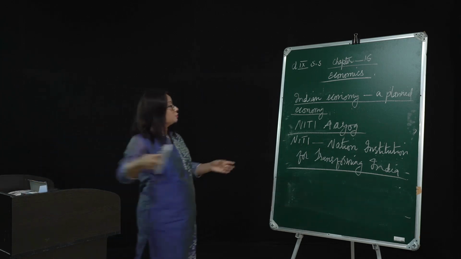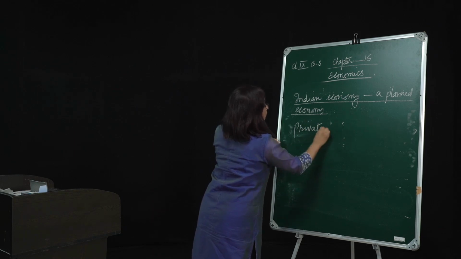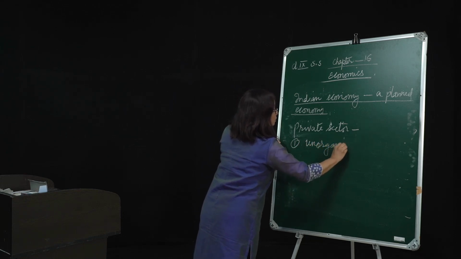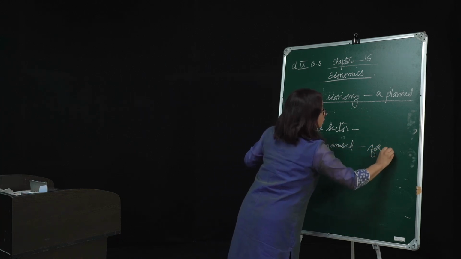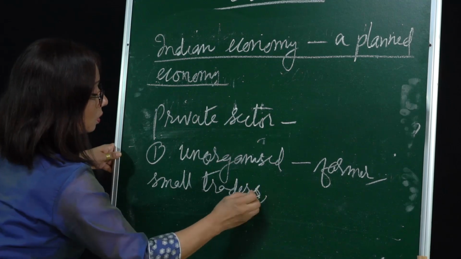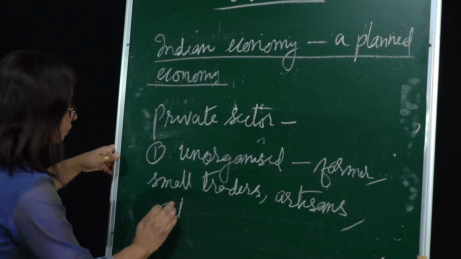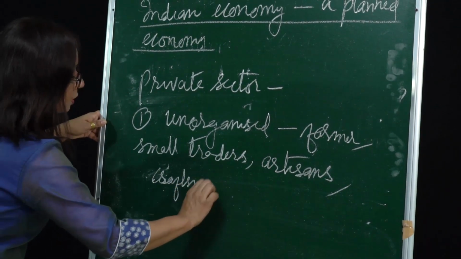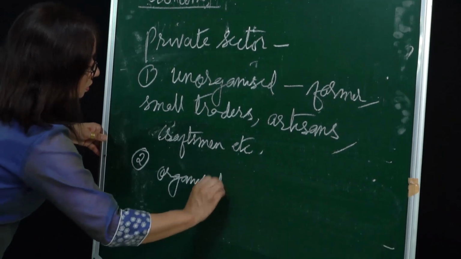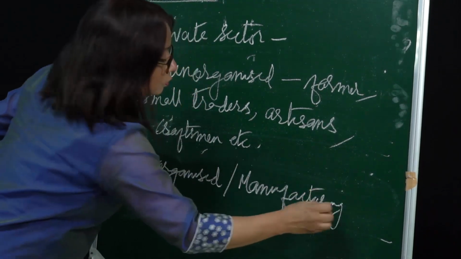So we are seeing the difference between private and public sector. In the private sector, we have the unorganized sector, where farmers, small traders, artisans, craftsmen, etc. come. And the second is manufacturing, which you can also call industries.